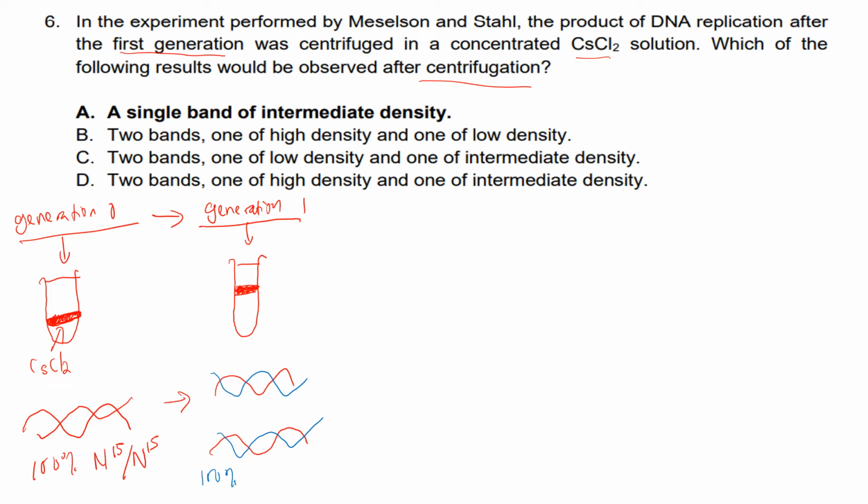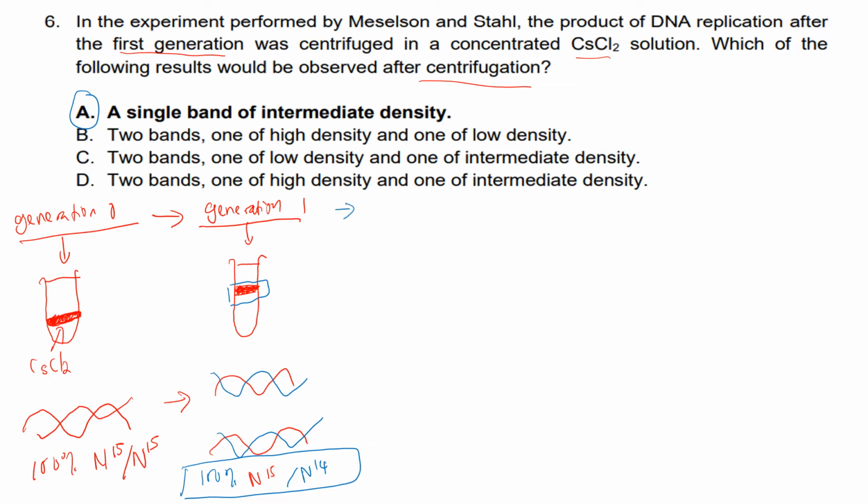It has both the old strand, nitrogen 15, and the newly synthesized strand, nitrogen 14. That's why the answer is A. This proves that DNA replication occurs according to the semi-conservative model.